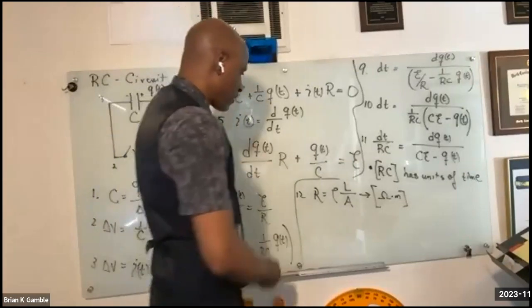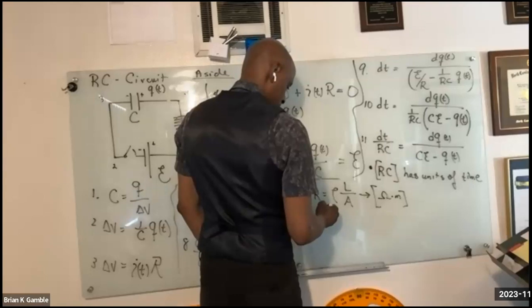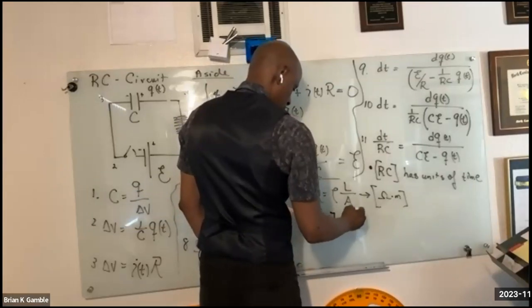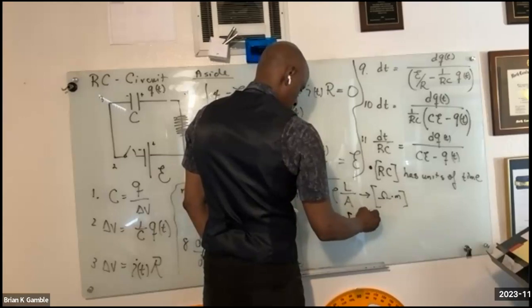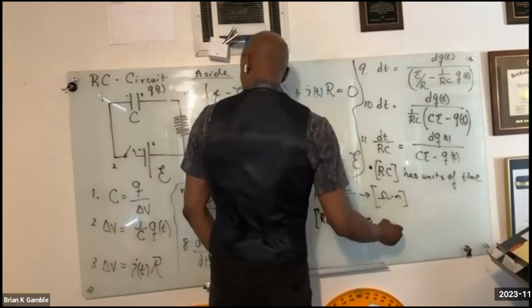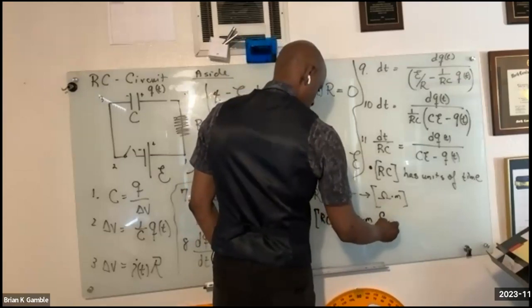So basically, RC is going to be an ohm times a meter, and then times a coulomb over a volt.